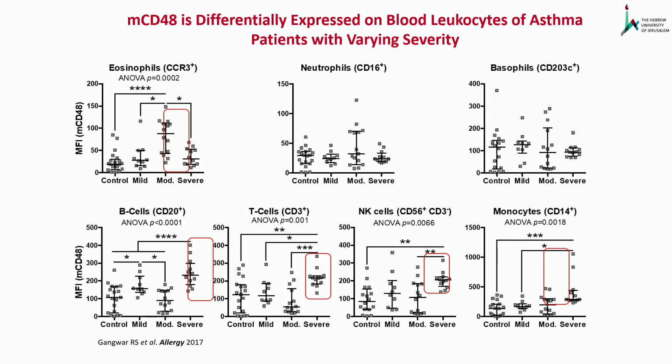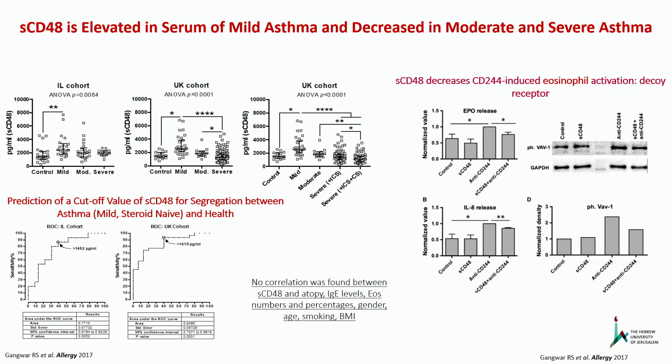And we saw that even if it's not necessarily a marker of Th2 asthma, there was a significant increase in mild and moderate patients, not on neutrophils, not on basophils, not on B cells, T cells, and NK cells, while surprisingly in severe asthma, on B cells, T cells, NK cells, and monocytes, we had an increase of CD48.